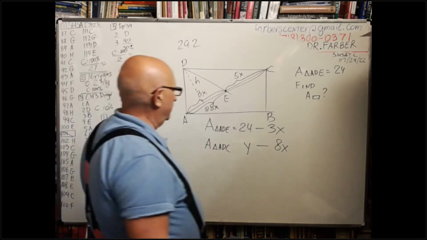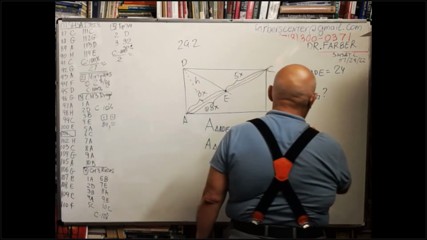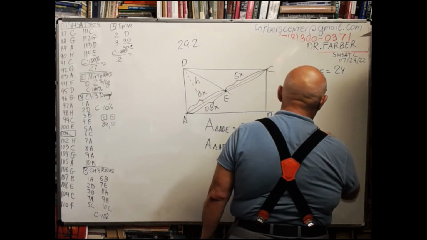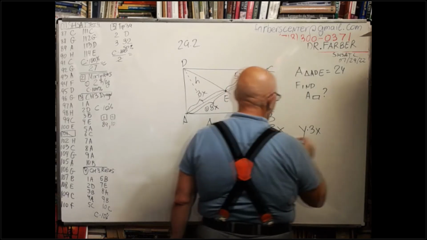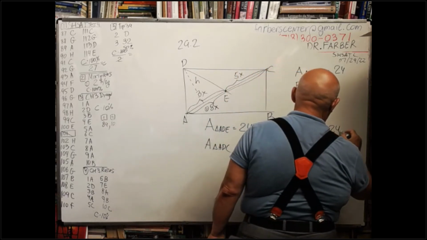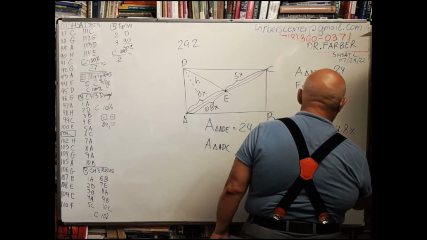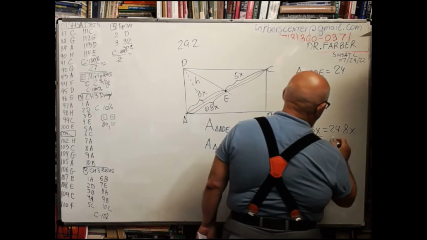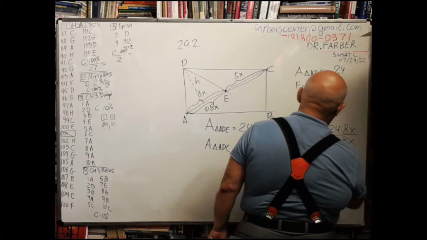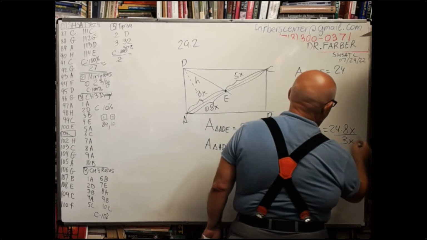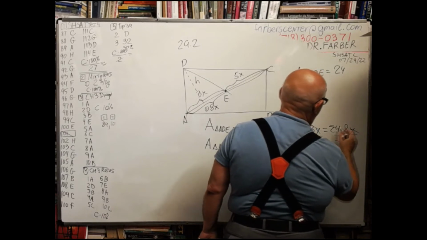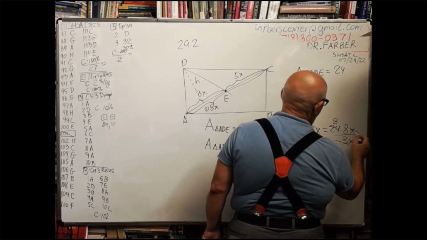From cross multiplication, y times 3x equals 24 times 8x. The x's on both sides cancel. 3 goes into 24 8 times, so it will be 64.